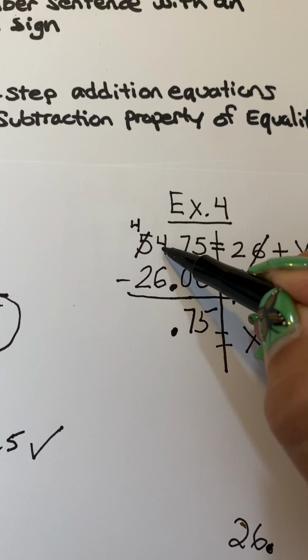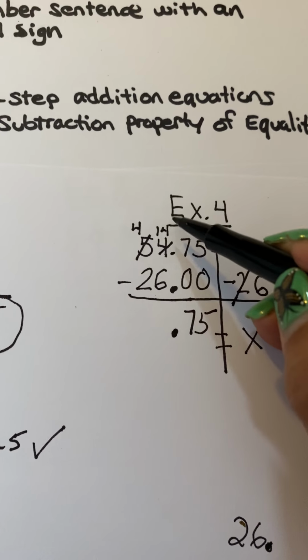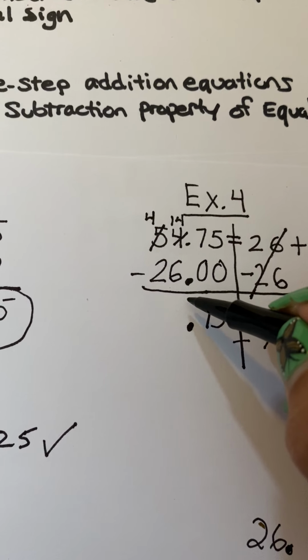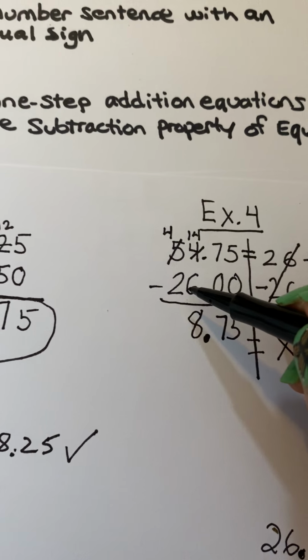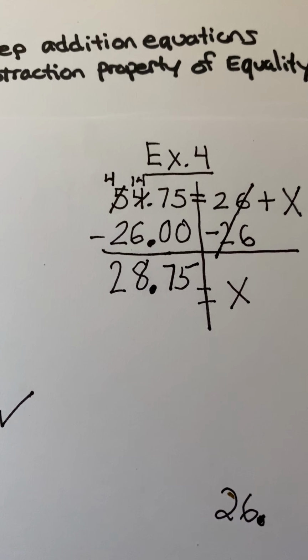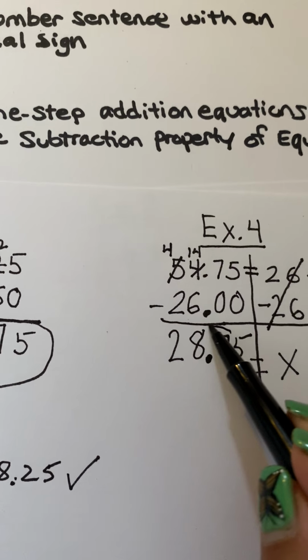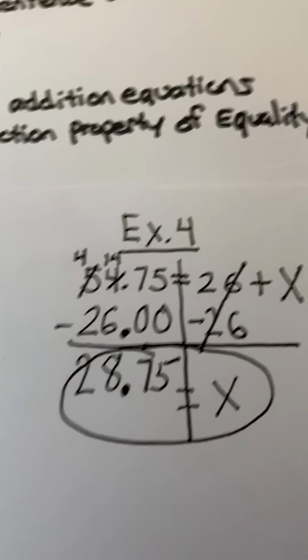Add that group of 10 to the 4 to make it 14. Then go ahead and subtract. 14 minus 6 is 8. 4 minus 2 is 2. So we have 28.75 equals x.